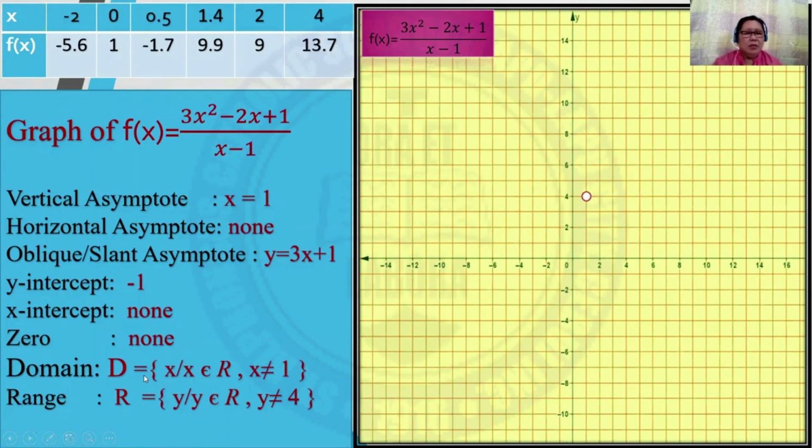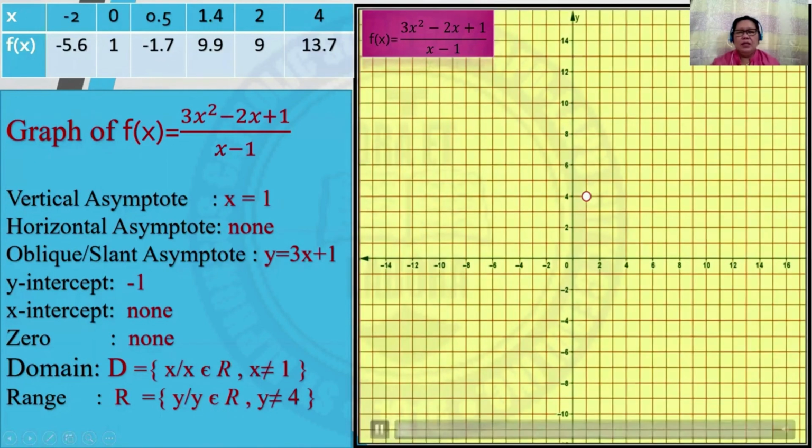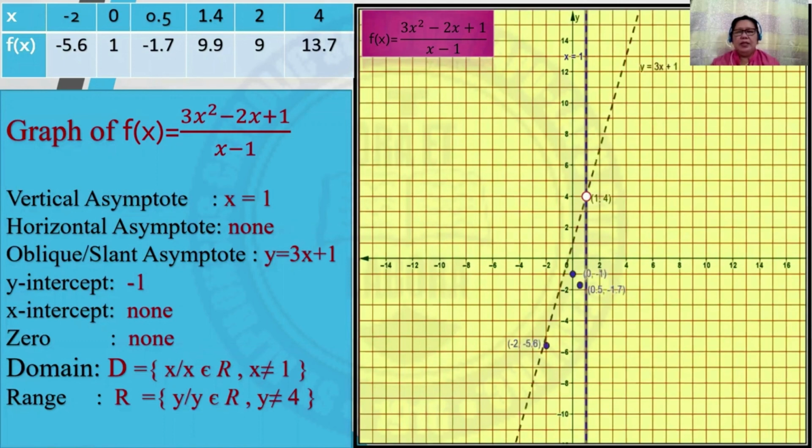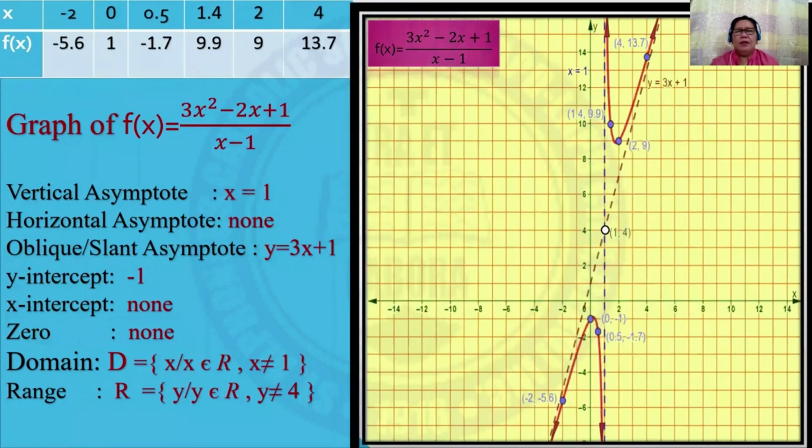The domain is the set of x such that x is an element of R and x is not equal to 1. The range is the set of y such that y is an element of R. This is now the graph. So there, plotting all the points with a smooth curve, and then you label it completely.